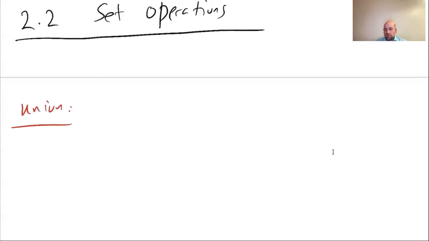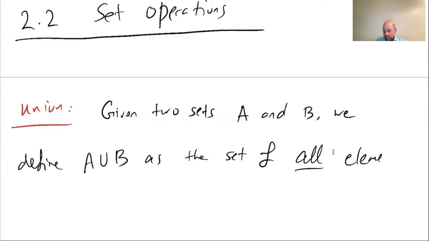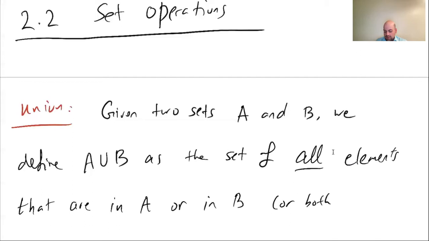So how can I define the union of two sets? Given two sets A and B, we define A union B as the set of all elements that are in A or in B, or both.